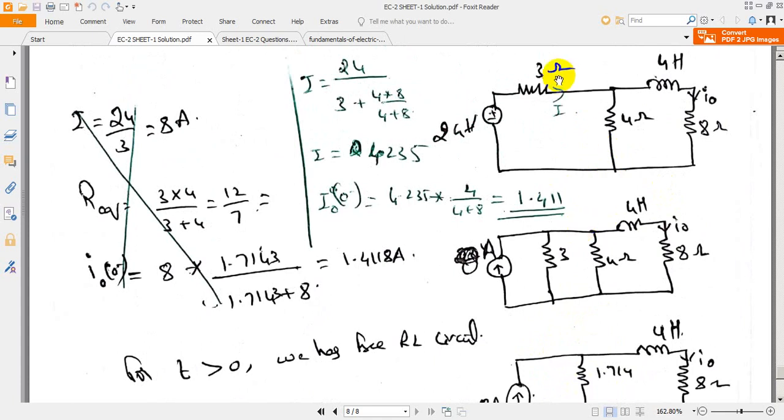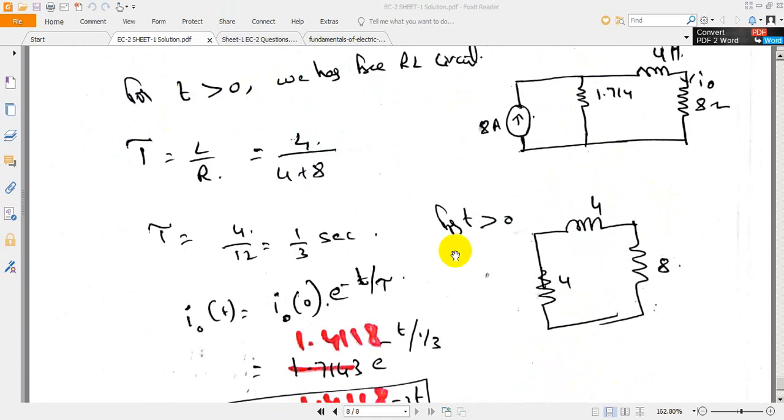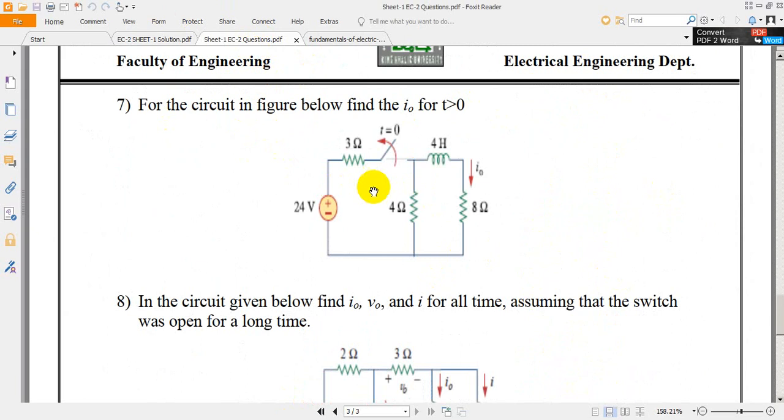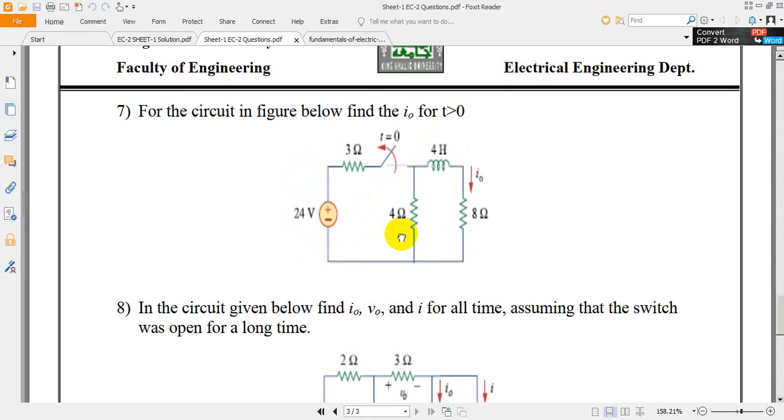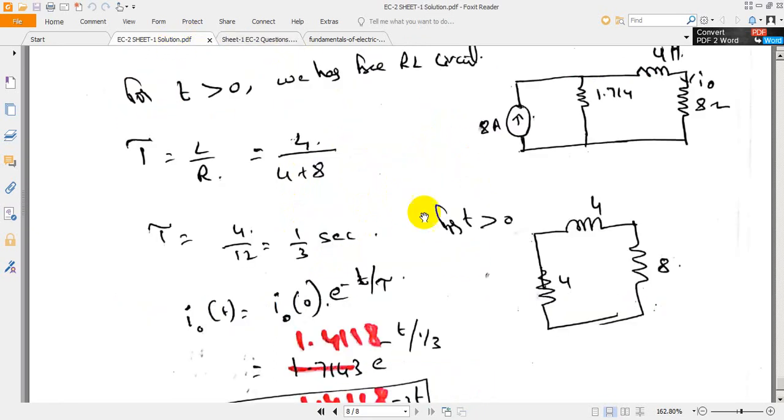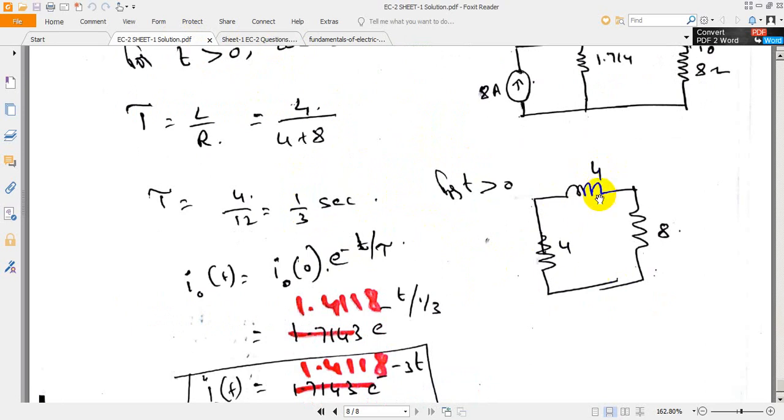When the switch is open, the circuit will change to this form. When the switch is open, these complete elements will be removed. Only these elements will be available. So the final circuit after the switching operation will be like this: inductor, resistance, and this resistance.